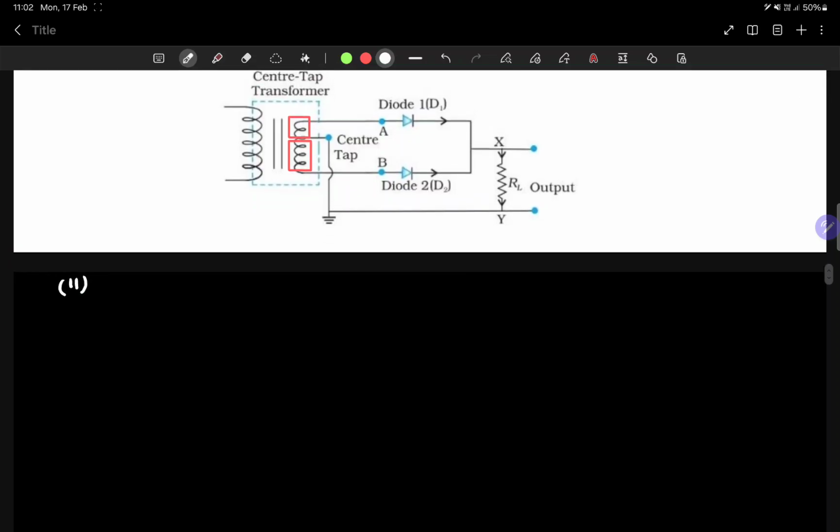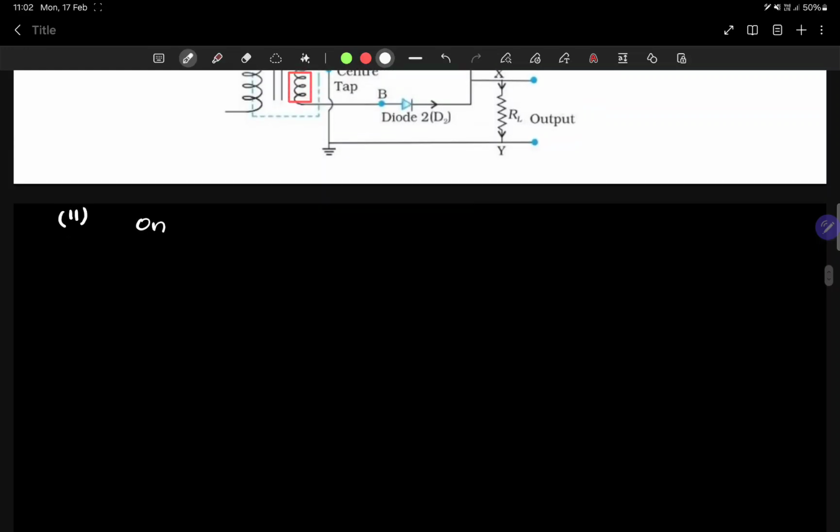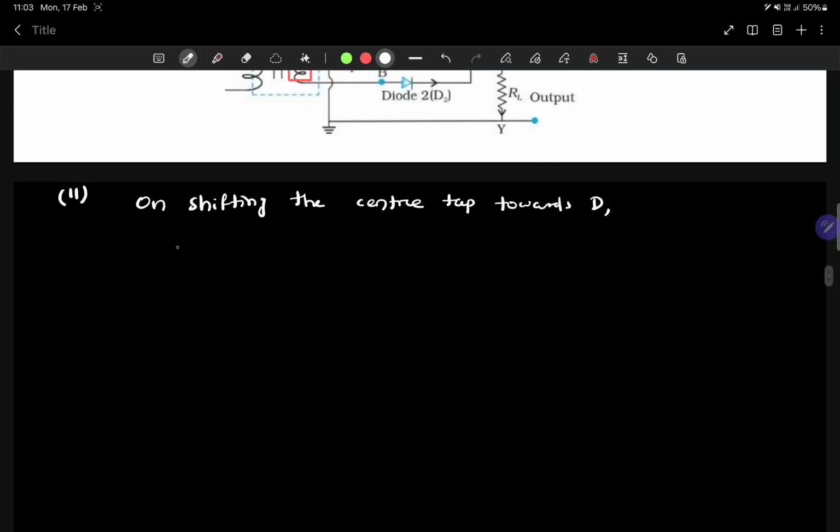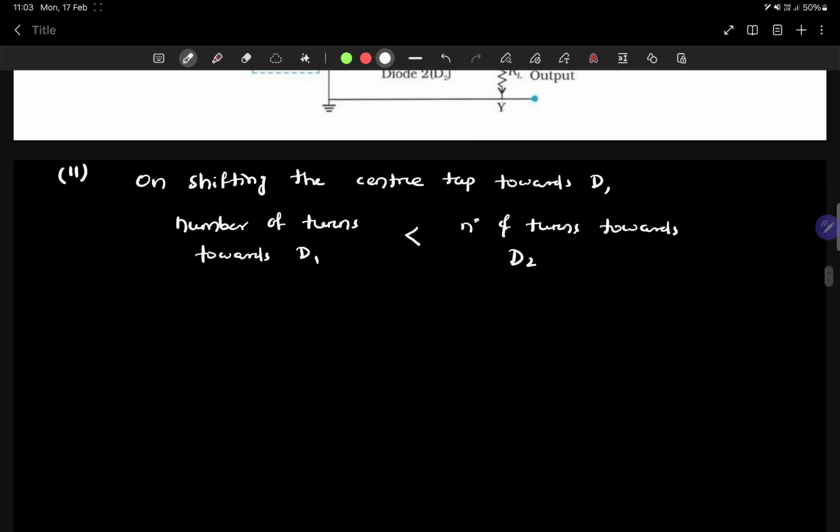So in the second bit, we came to know on shifting the center tap towards D1, we will get number of turns towards D1 less than number of turns towards D2, and we know number of turns is proportional to EMF induced.